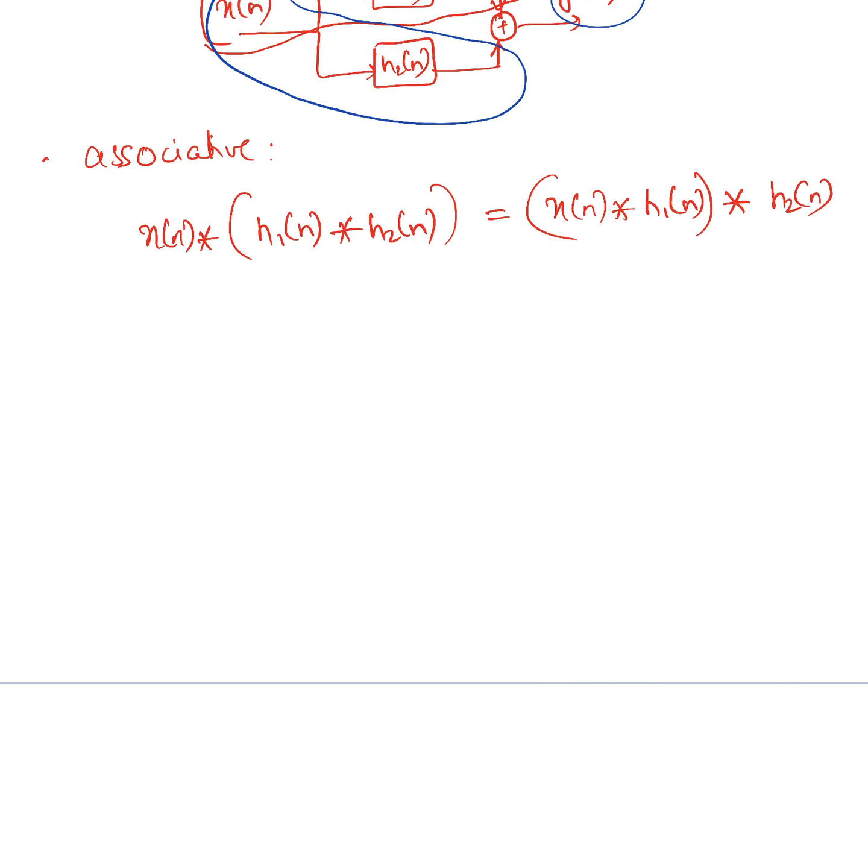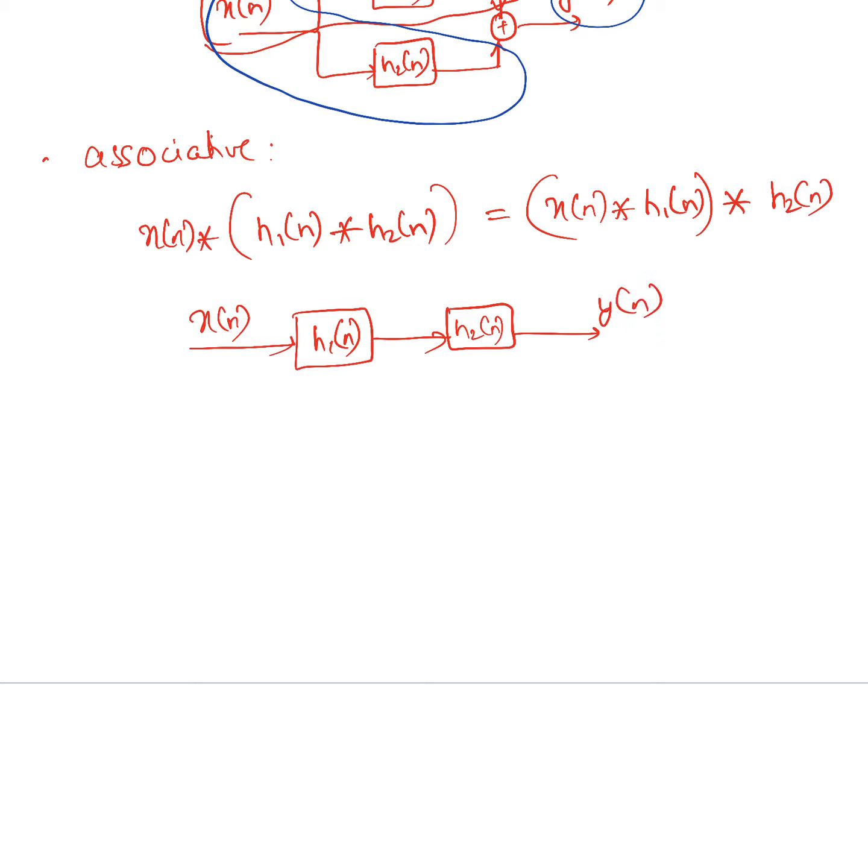From the block diagram representation, this means that two systems having their impulse responses h1 of n and h2 of n respectively can be connected in cascaded form, with input x of n and output y of n.